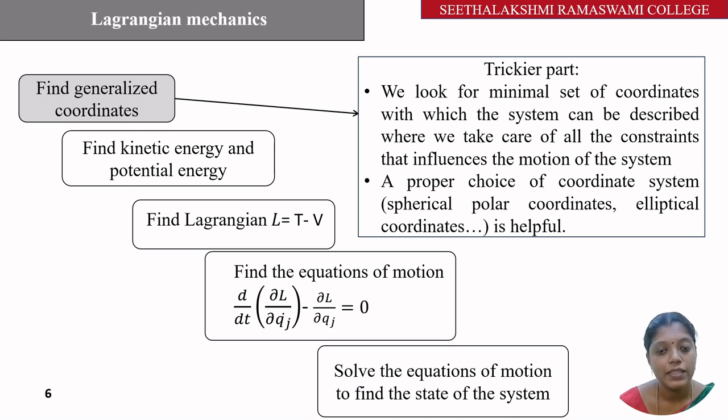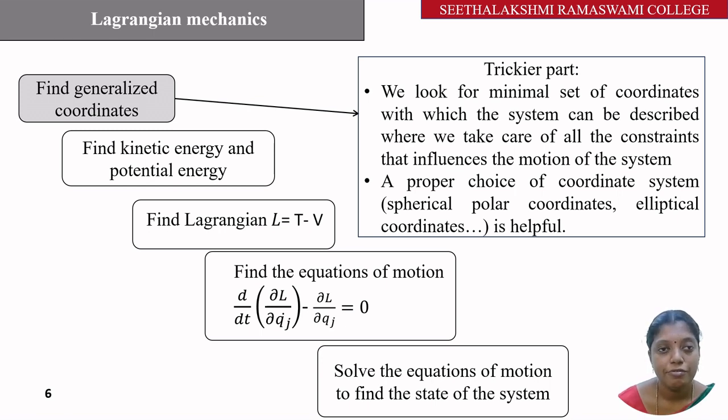The only trickier part in this procedure is to find the generalized coordinates. Here you should be careful that the constraints are taken care of properly. And you should remember that if you choose the coordinate system properly, you can take care of constraints very easily, and also the generalized coordinates will be minimal.